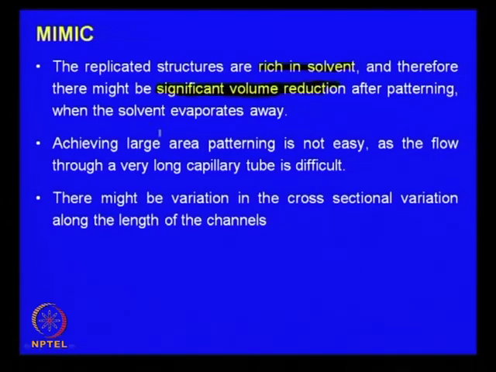This might severely hinder the resolution you want, because the controlling factor of the resolution is essentially your stamp geometry, and you get a negative replica of that, but the replica you get is rich in solvent. So, eventually the solvent will evaporate away.